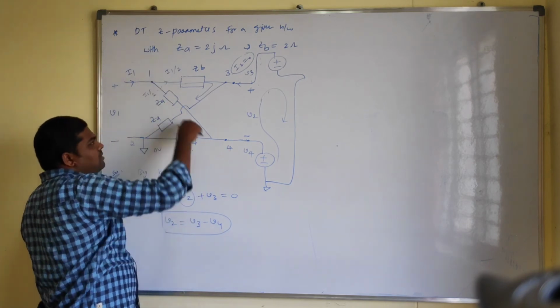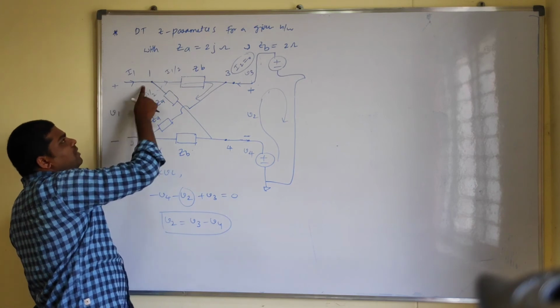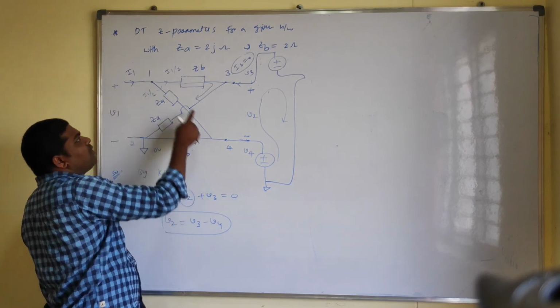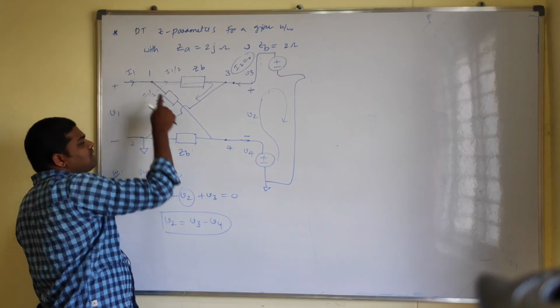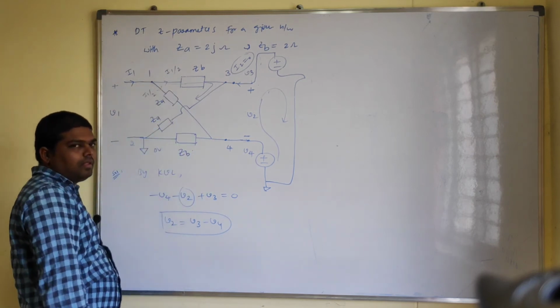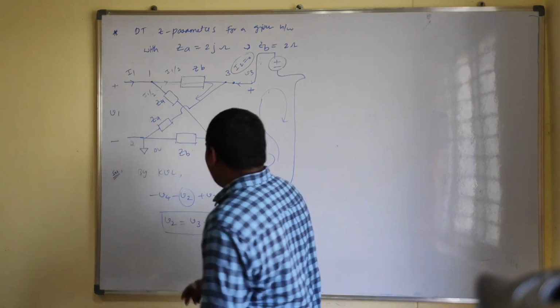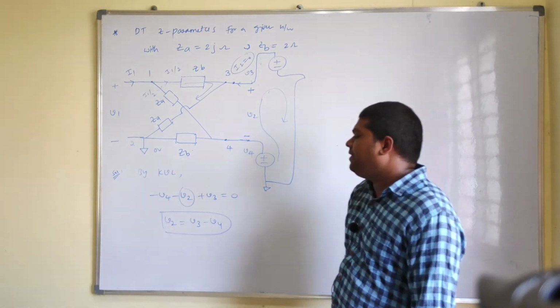Now observe this branch also: here we have V4 voltage and here we have V1 voltage. The difference V4 minus V1, otherwise V1 minus V4, appears across this entire branch. So now you want to calculate this V3 value.